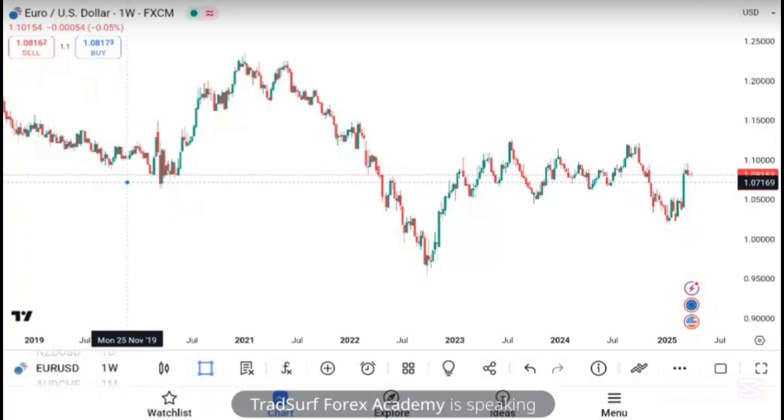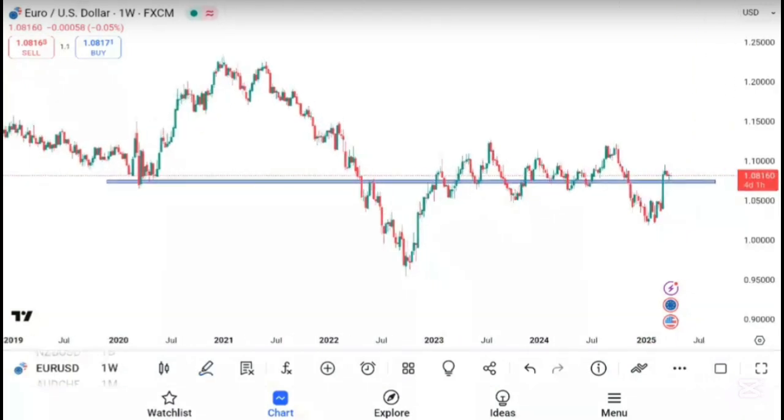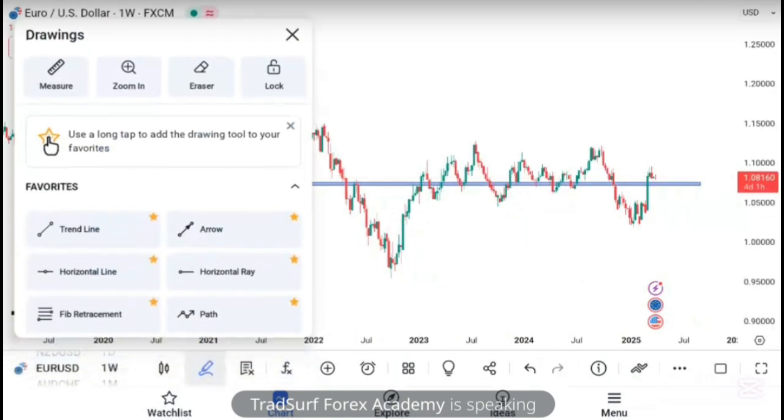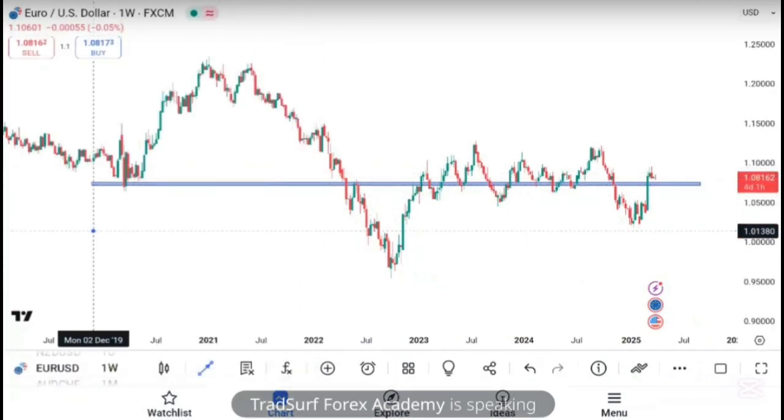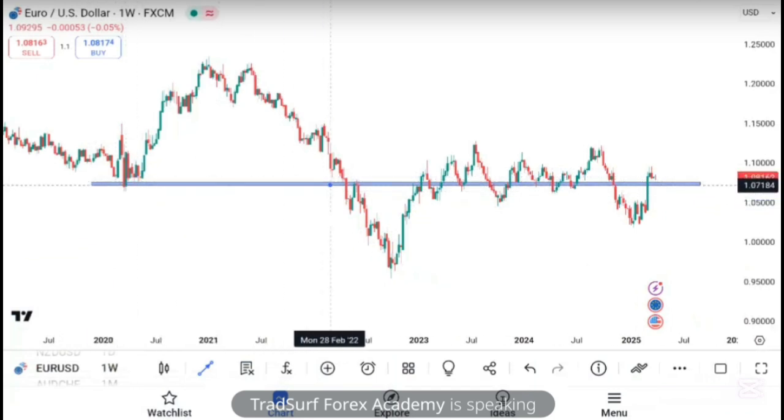So I can see there are touches. Can you see that we have different touches showing that this is a key level? There's a touch here, many touches come here, price broke out and came back and reacted to this place.